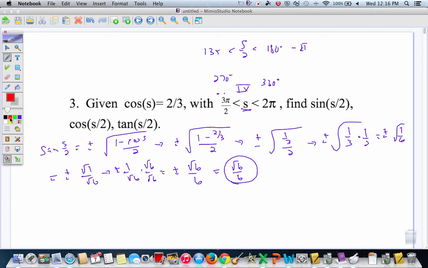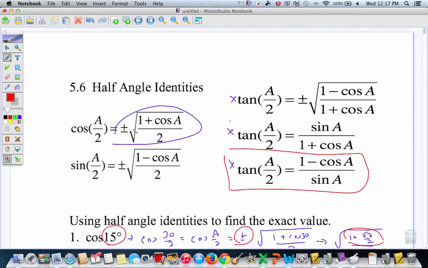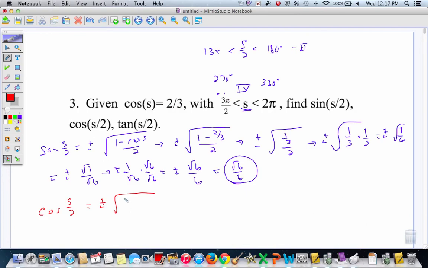From here, we'll go ahead and move on to find the cosine of s over 2, which is plus or minus, and just so we can see it again, I'm going to scroll back again, plus or minus 1 plus the cosine of a divided by 2. So 1 plus the cosine of s divided by 2, or plus or minus 1 plus 2/3 divided by 2.